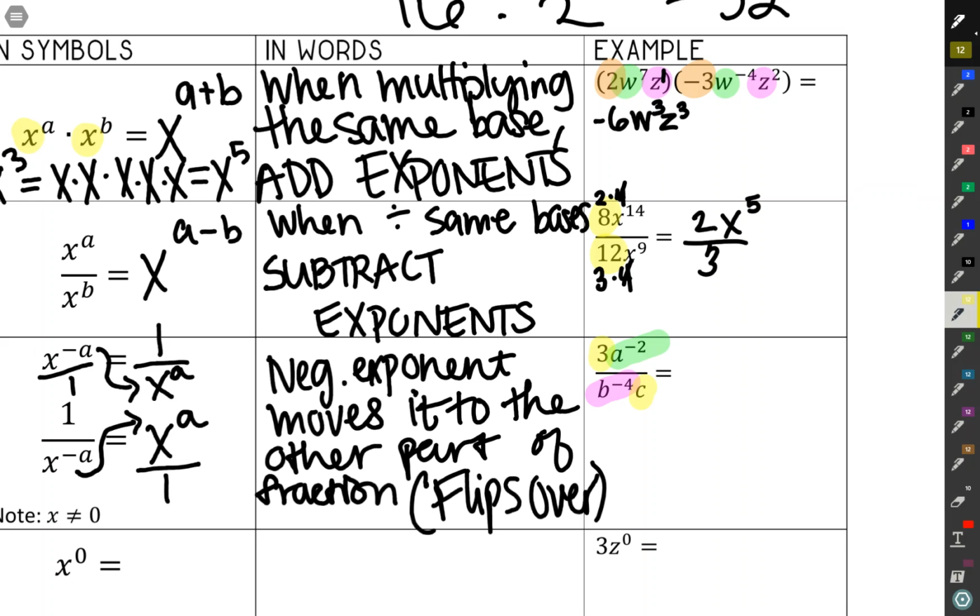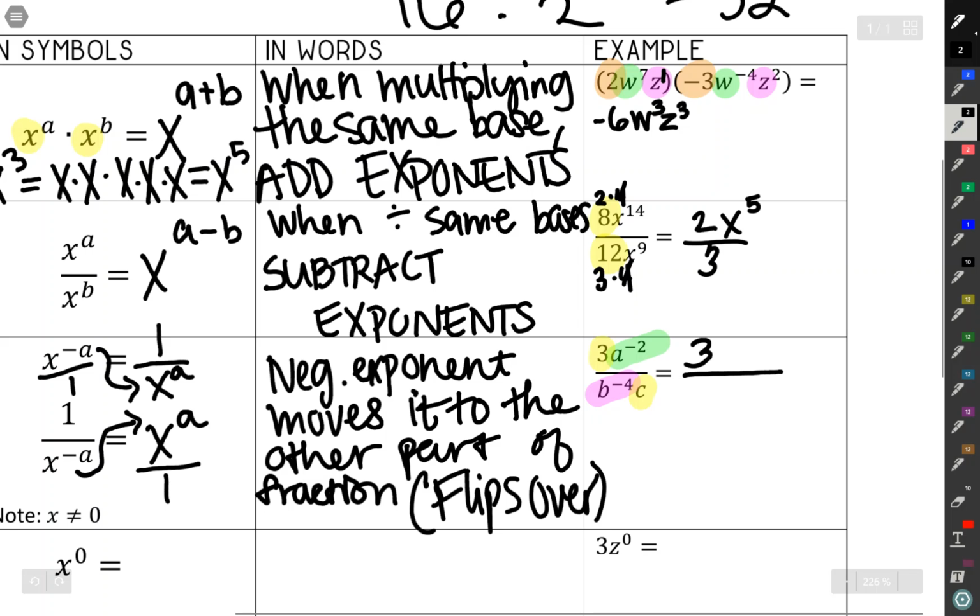They do not have a negative exponent. So the 3 is going to stay. But this b to the negative 4th is going to become b to the positive 4th in the numerator. This a to the negative 2 is going to move, and it's going to become a to the positive 2. The c is going to stay where it is, and you're done.